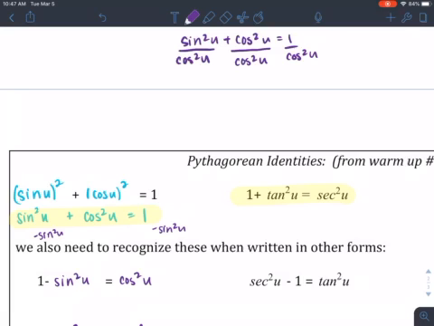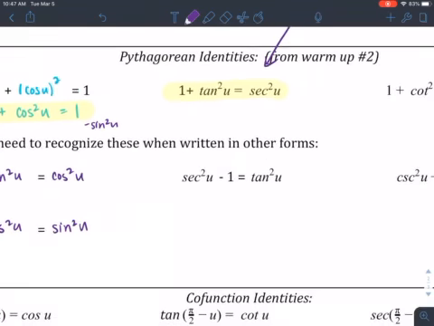Hey, what is sine squared u over cosine squared u? The quotient property tells me that this is tangent squared u, plus this turns into a 1, and then 1 over cosine squared u is equal to secant squared u. So this is another way to write this Pythagorean identity. We can rearrange the equation to subtract the 1. We can also see the equation sometimes like this: secant squared u minus tangent squared u is equal to 1.